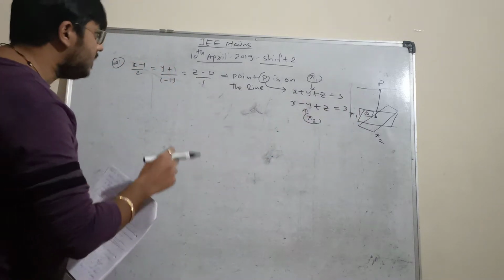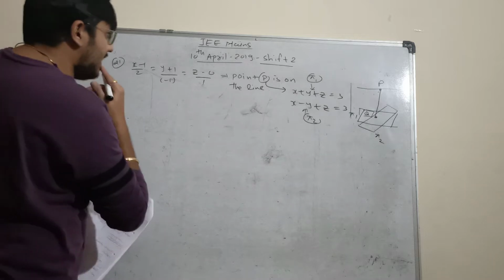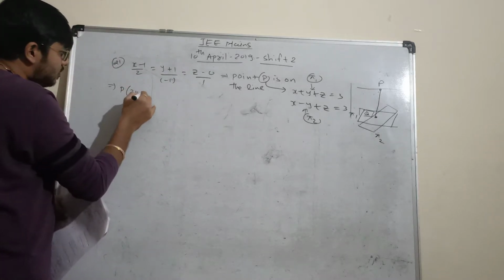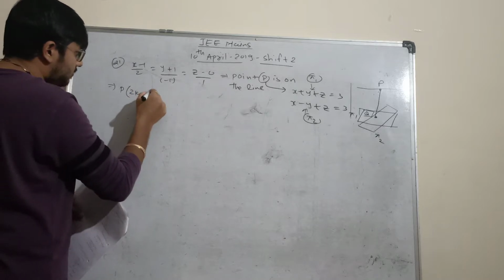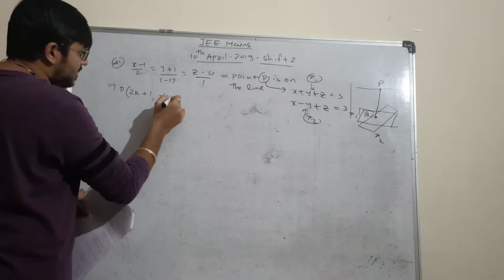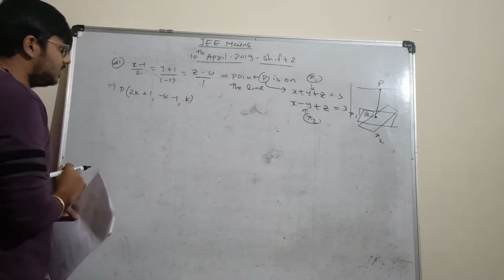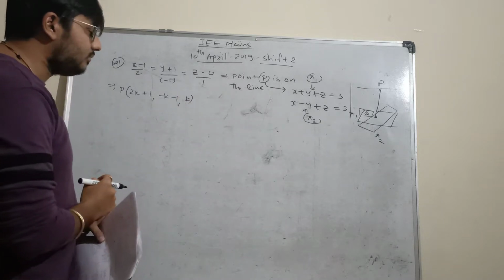Okay. So first of all, let us take a point P on the line. P has coordinates (2k plus 1, minus k minus 1, k). This will be the point P, right?